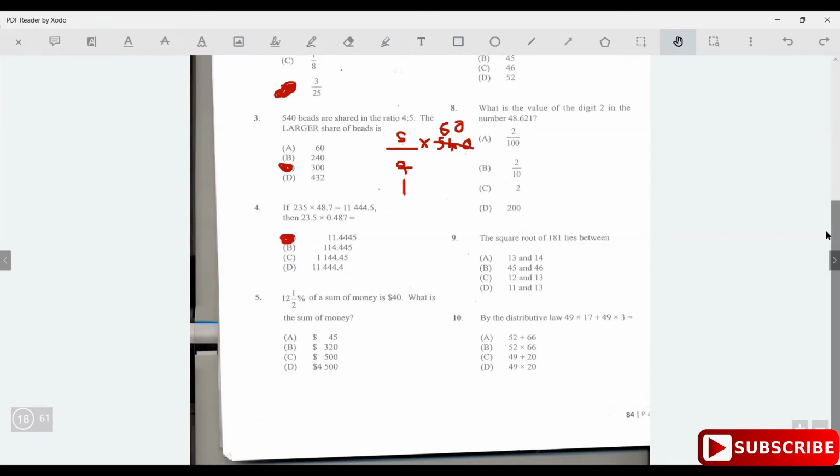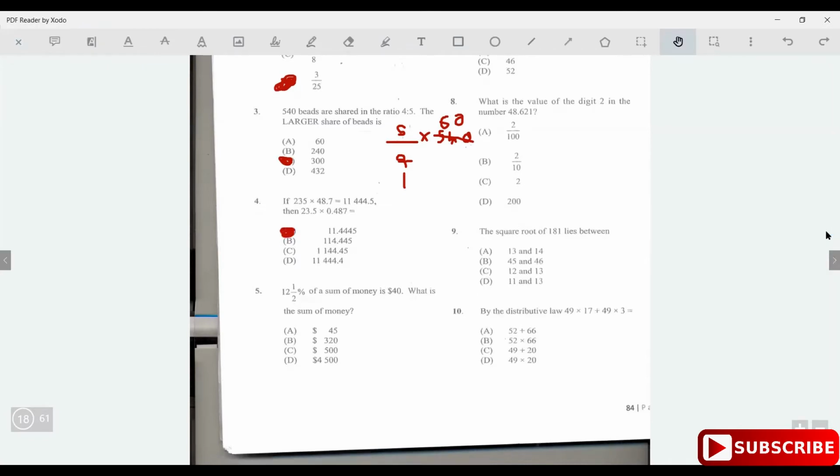Question 5. 12.5% of a sum of money is $40. What is the sum of money? We need to work out what is 12.5%.